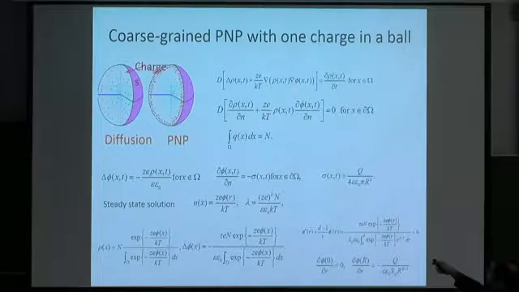And now the field satisfies the Poisson equation, which connects the density to the field. And then you have the boundary condition, which is dn equal minus sigma, and sigma is the total charge divided by the surface.